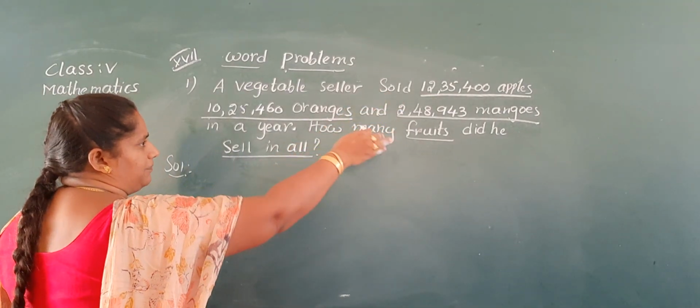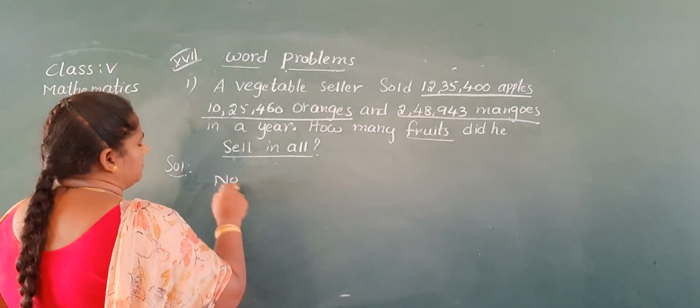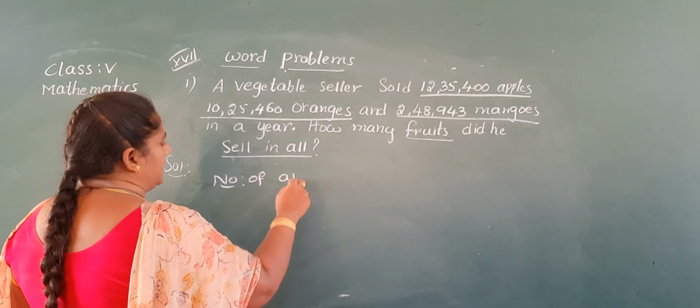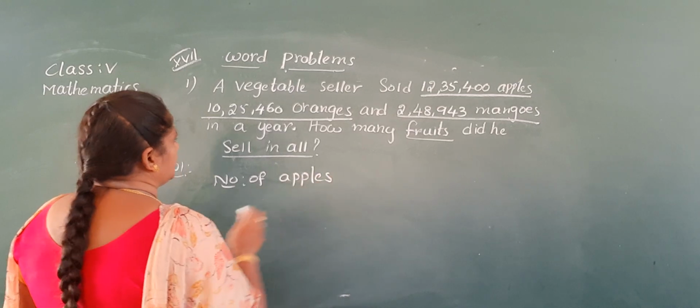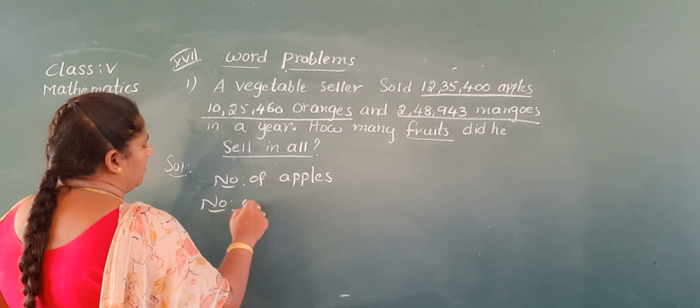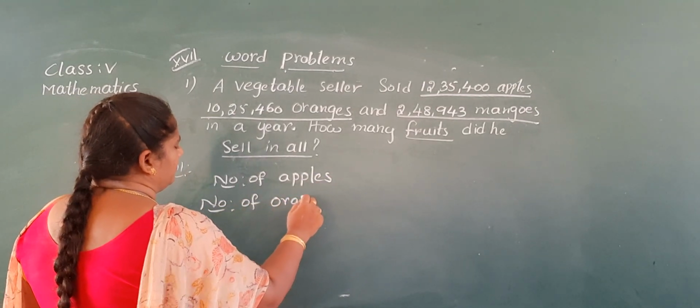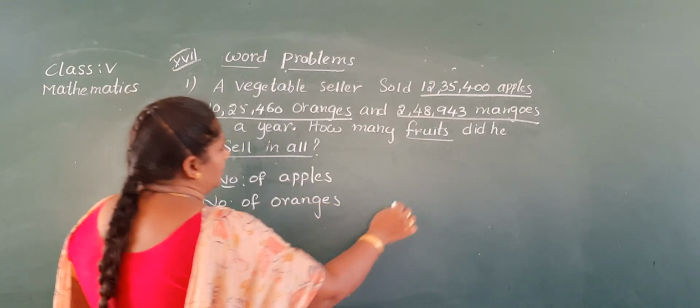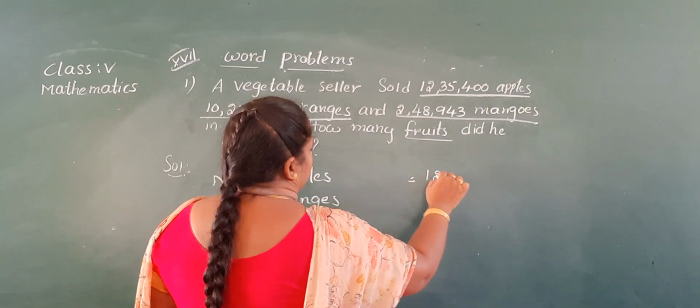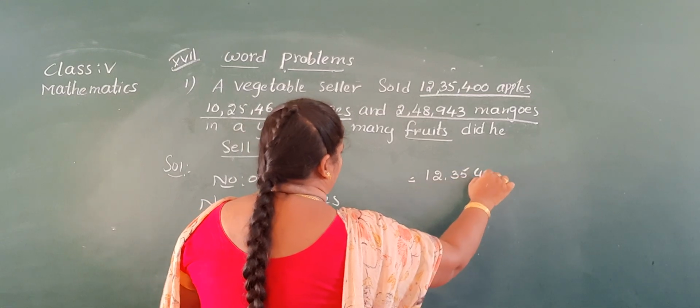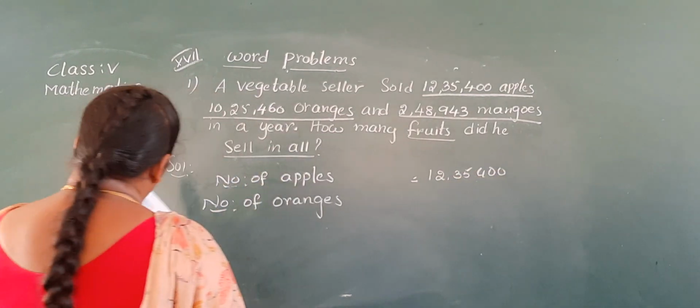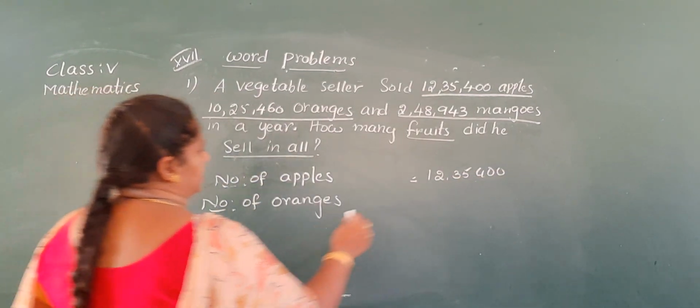How to frame the step? Very easily. So number of apples. Next, number of oranges. Apples how many? 12,35,400. And next, oranges.